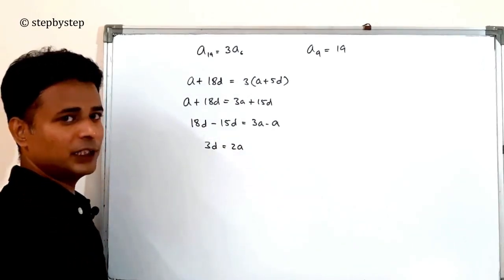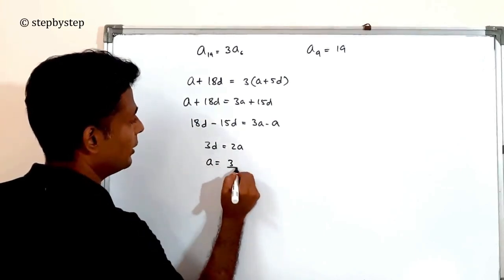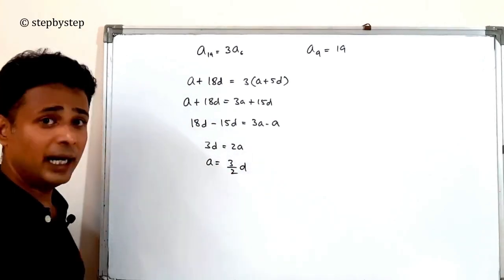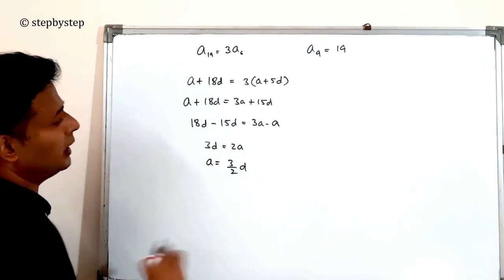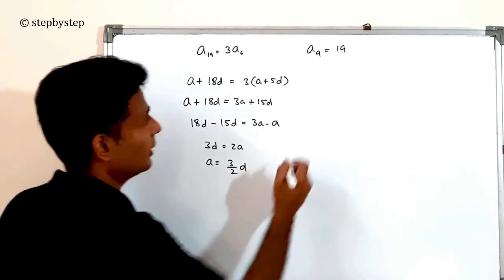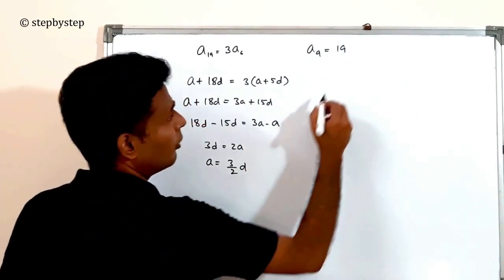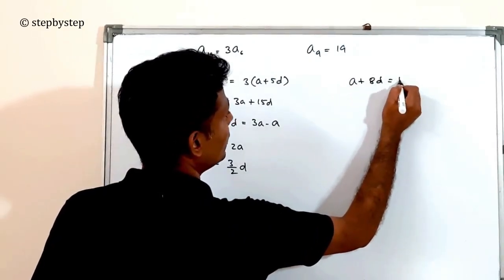Now I can use the substitution method because I can take A as 3 by 2 D and substitute it in that. Or you can use 2A minus 3D equal to 0 and use linear equations and solve it as well. So A of 9 is 19. So A plus 8D equal to 19.